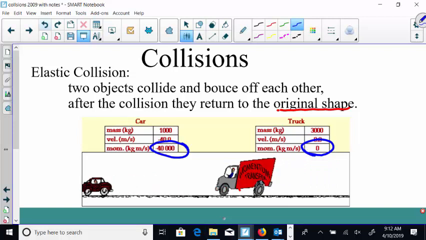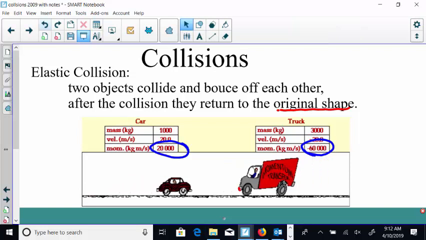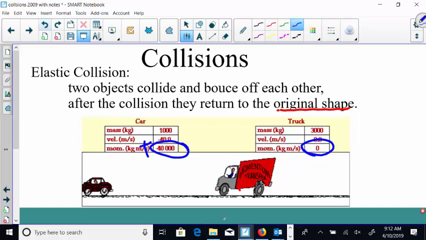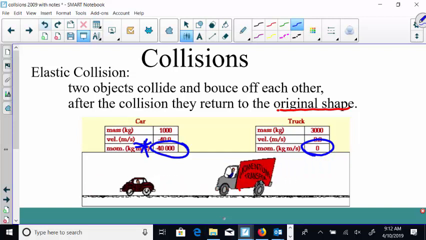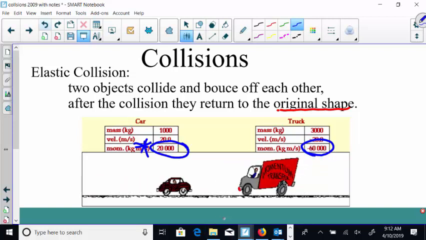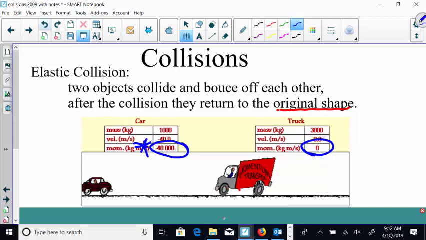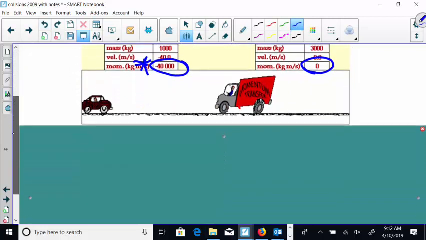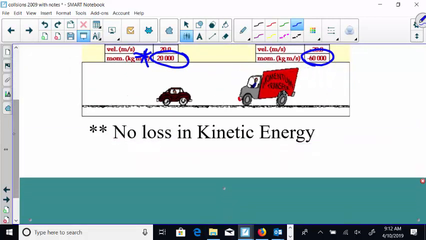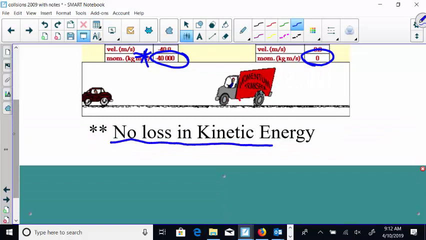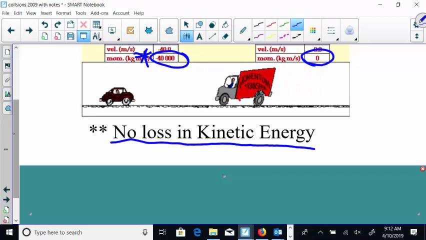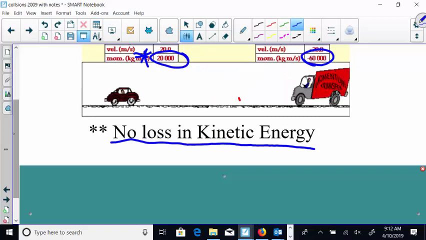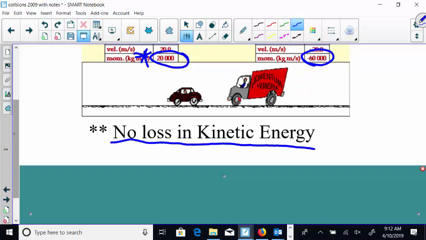But then after the collision, this number changes to minus 40,000. So 20,000 plus minus 60,000 is minus 40,000 to begin with. And if this truck stops, then we are following the law of conservation of momentum. Now, this is not a huge issue right now, but it becomes an issue in the next chapter. In this particular one, there is no loss of kinetic energy.